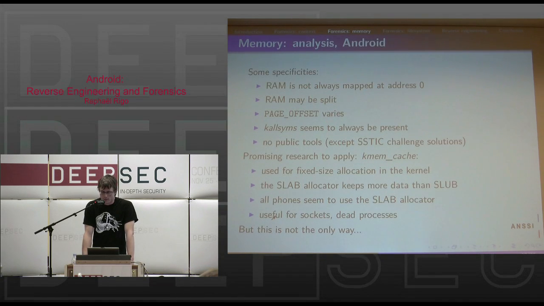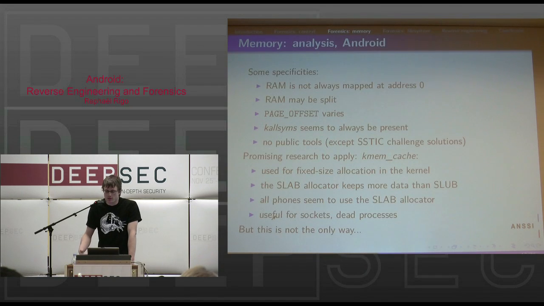Also, there was a few months ago a really interesting research article about leveraging the kmem cache in the kernel. That is, it's used for fixed size allocation of structures in the kernel. And basically, when you allocate something like inodes, inode structures, sockets, the structure size is always the same.